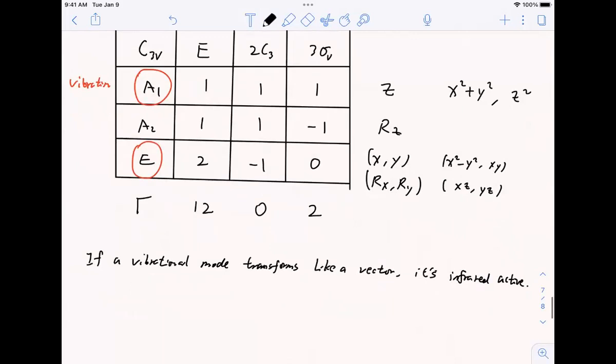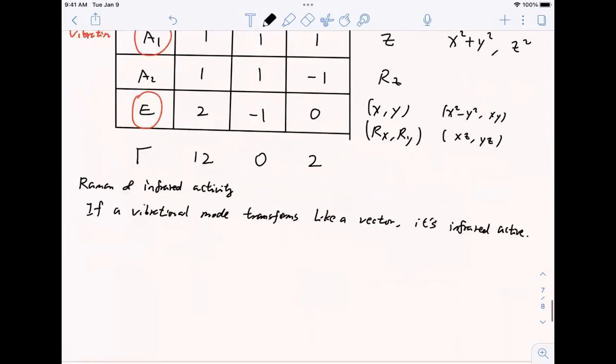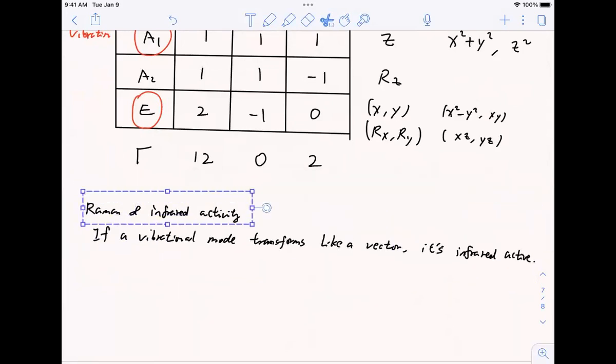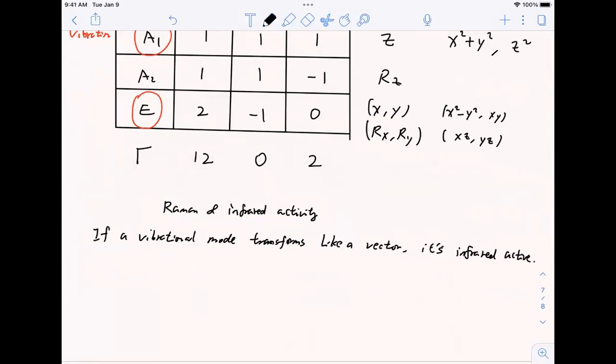Rules, Raman and infrared activity. Okay, rule number one, if a vibrational mode transforms like a vector, it is infrared active.